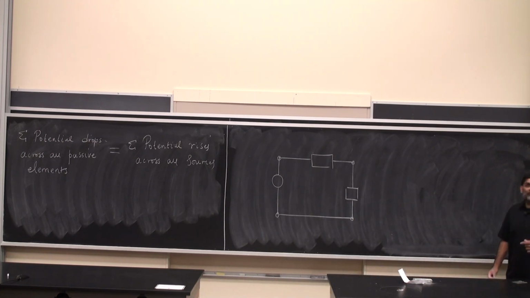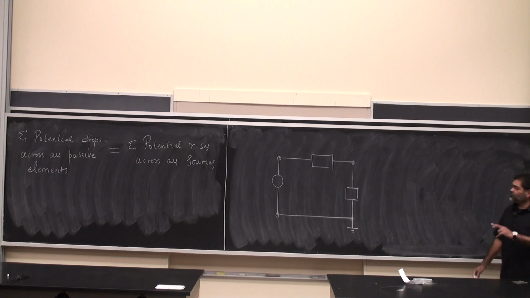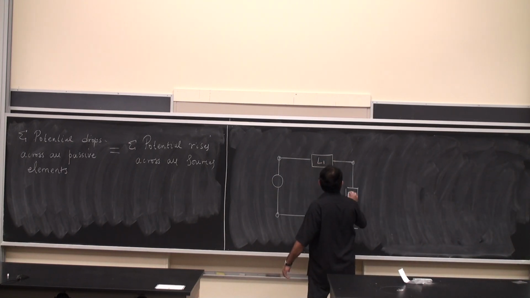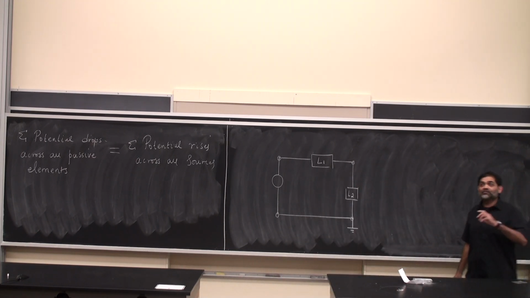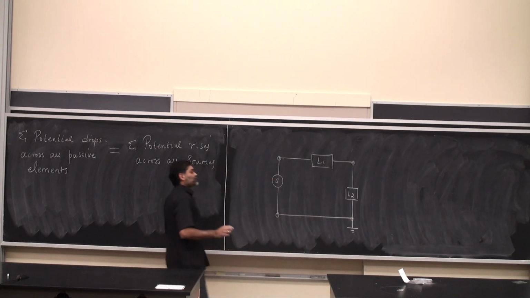Now I'm going to take one of the nodes arbitrarily and ground it. Does not matter which. I have two load elements, I'm going to call them L1 and L2. Okay? And then I have one source element which you see drawn in this circle. So this is a voltage source, I'm going to call it a source element.